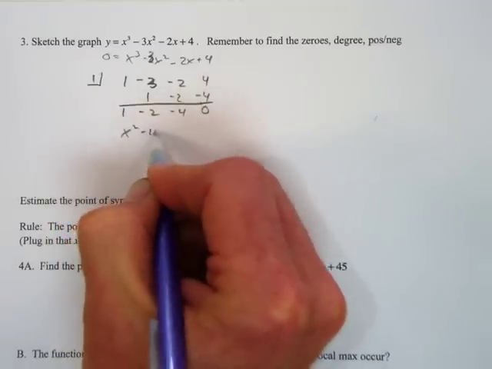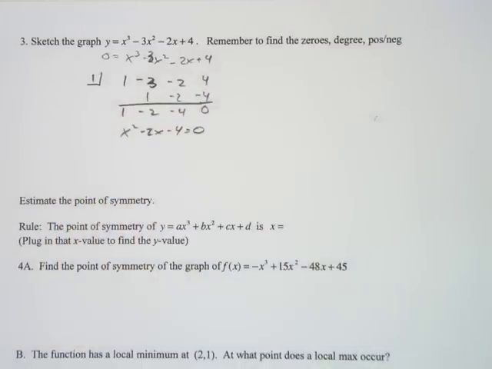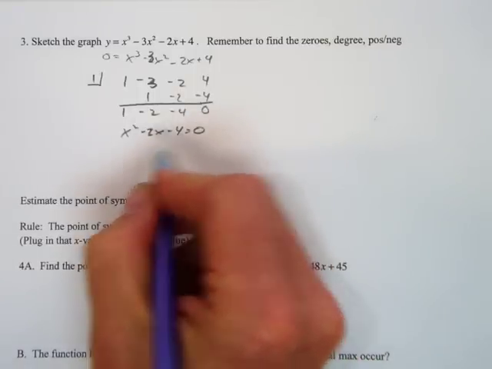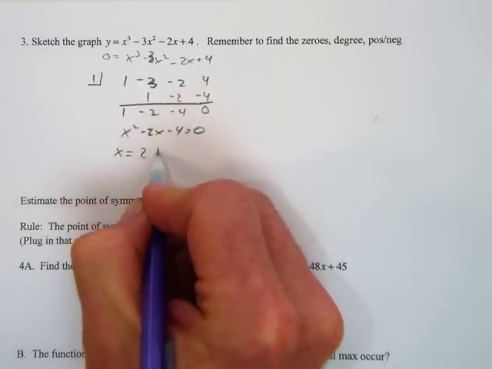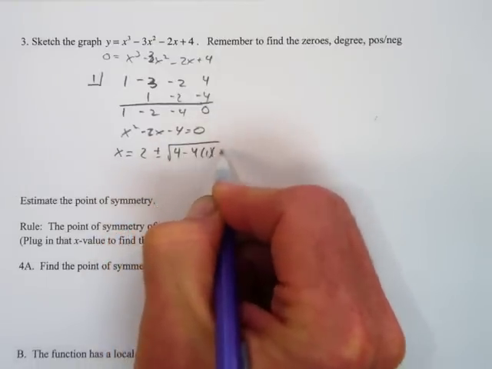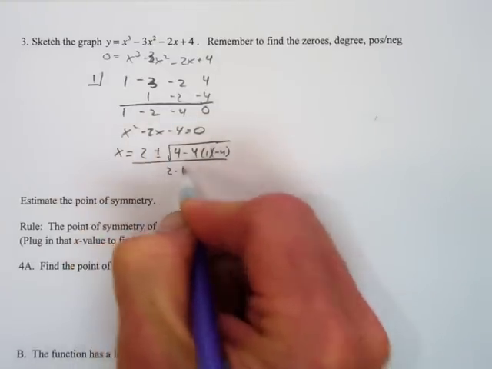So we get x squared minus 2x minus 4 equals 0. Now, is that factorable? No, there's nothing that multiplies to give us negative 4 that adds to give us negative 2. So we can use the quadratic formula: 2 plus or minus the square root of 4 minus 4 times 1 times negative 4, all over 2 times 1.